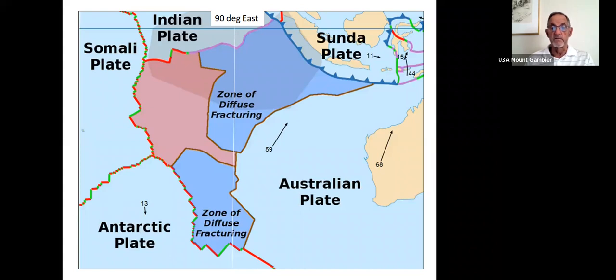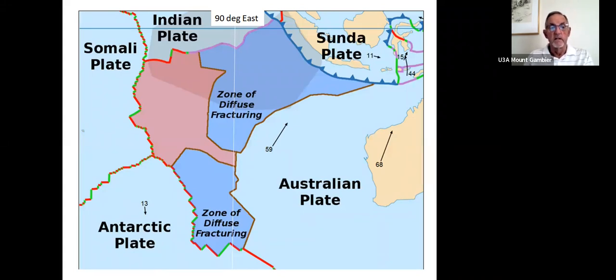There's also an old fracture, more or less along the line of the 59-degree mark in the middle. It goes north-south rather than east of north, but it seems to be an entirely new boundary forming, judging from the epicenters of earthquakes that occur out in the Indian Ocean there.